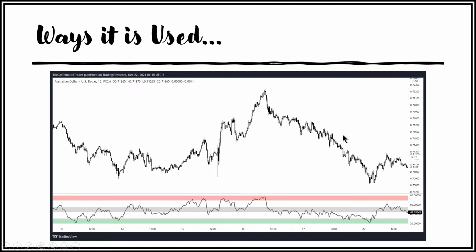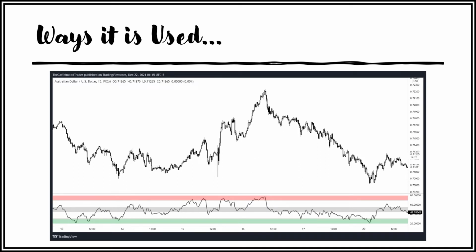But what most people don't realize is you can actually look for trends on the RSI, using the highs and lows to draw trend lines, looking for potential bounces to continue the trend or crosses to signal trend reversals. And the same could be true for a break or cross above or below the 50 area. This could indicate a shift in the market and a potential trend change.